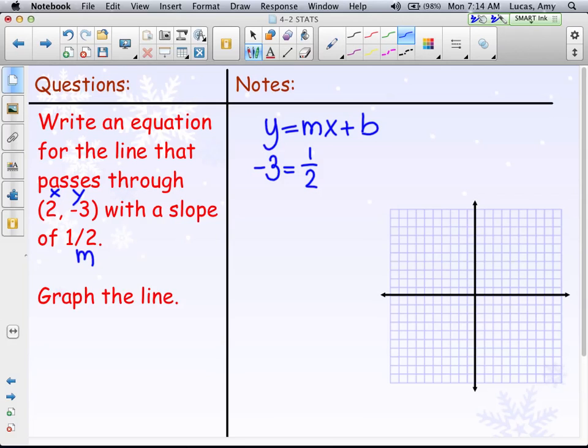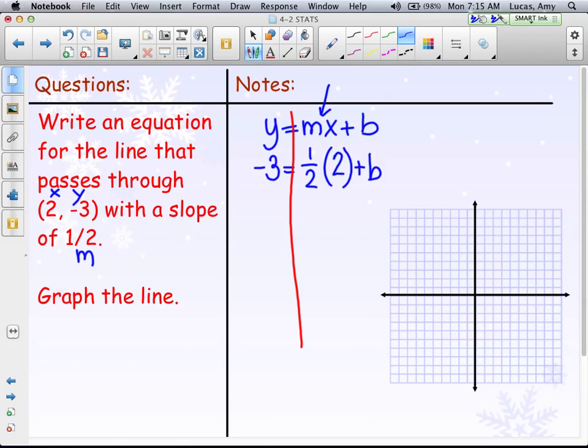My x coordinate from the point is 2, so I can replace x with 2. Now I know that when they're next to each other, the m and the x in the formula are being multiplied together. So I have 1/2 times 2, and then plus b, because the intercept is the piece of information that we don't know.